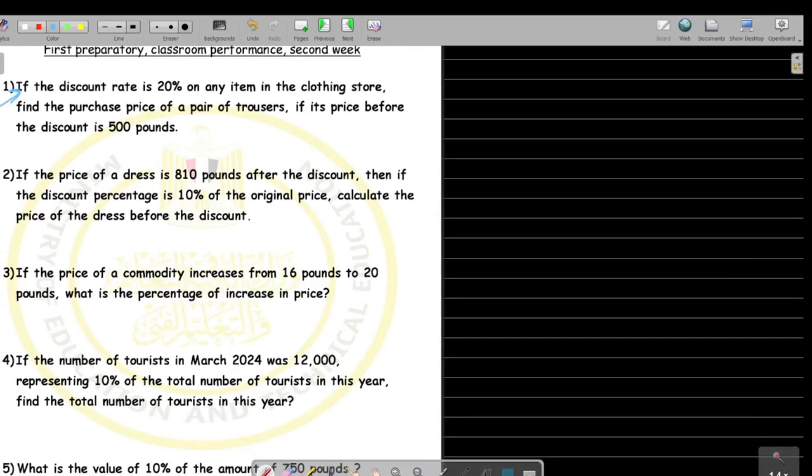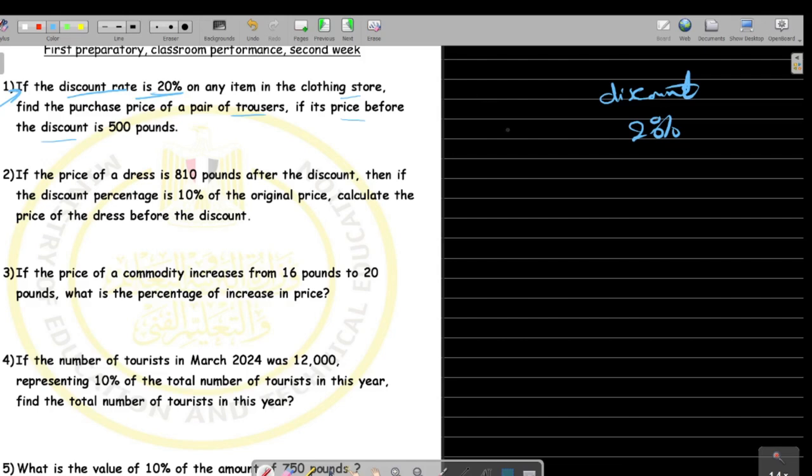If the discount rate is 20%, here we have a discount of 20% on any item in the clothing store. Find the purchase price of a pair of trousers if its price before discount is 500.